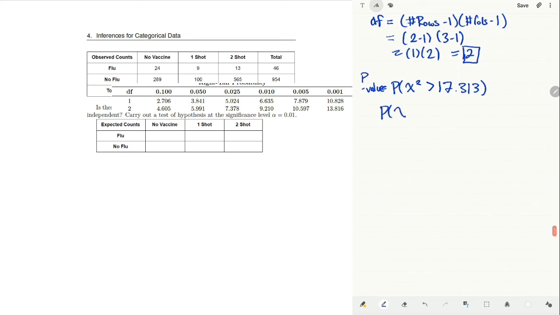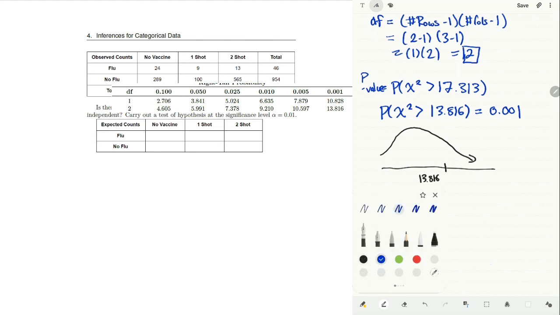The table tells us that the area to the right of 13.816 is equal to 0.001. Okay, so the area to the right of 13.816 is 0.001.